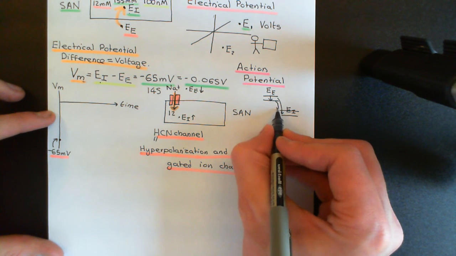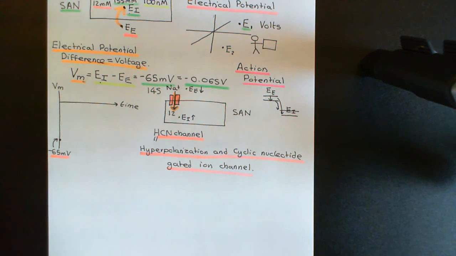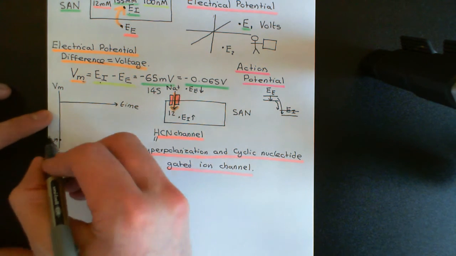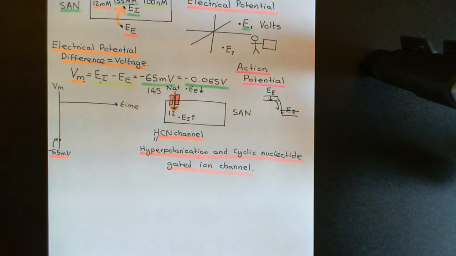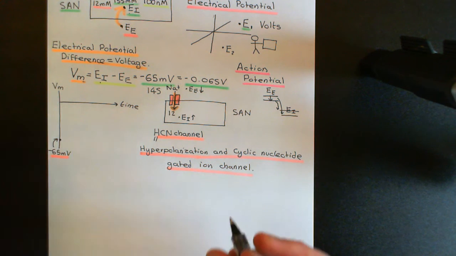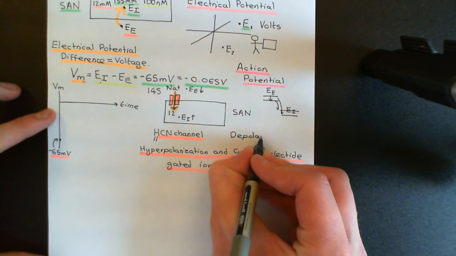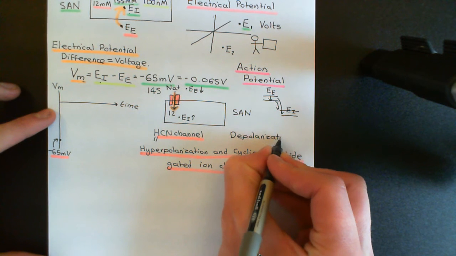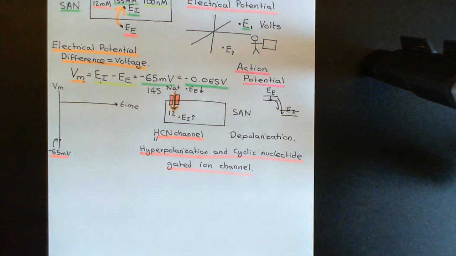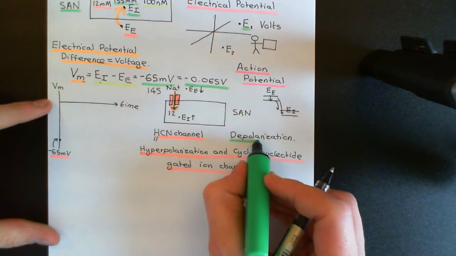So how much are we going to have to step down now? Less. So in fact what this is going to do is make the electrical potential difference across the cell membrane less negative. It's going to depolarize the cell. So that's an extremely important key word. Depolarization refers to making less negative the electrical potential difference across the cell membrane.